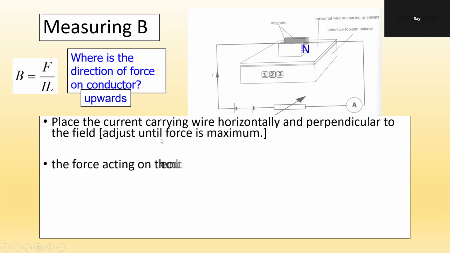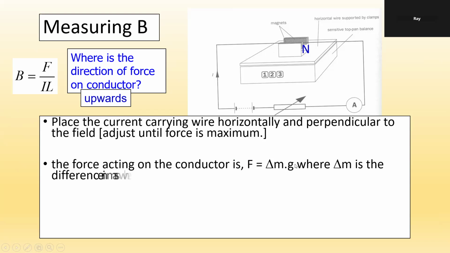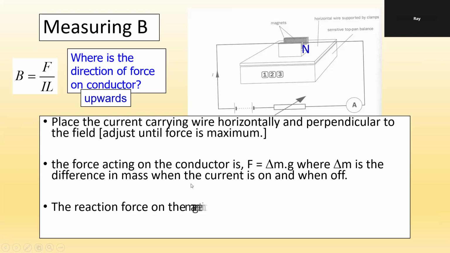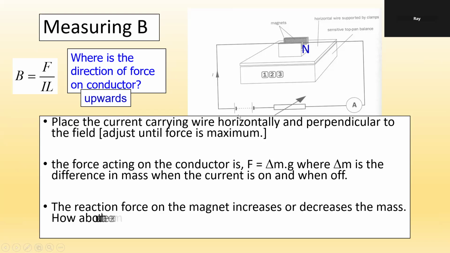The force acting on the conductor is delta m g, where delta m is the difference in mass when the current is on and when the current is off. The reaction force on the magnet increases or decreases?